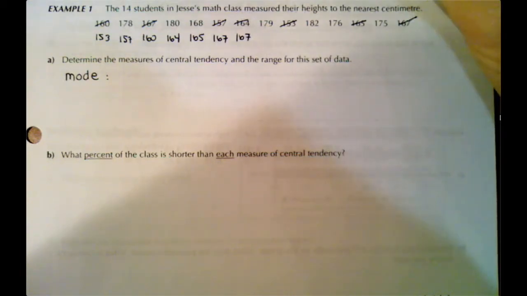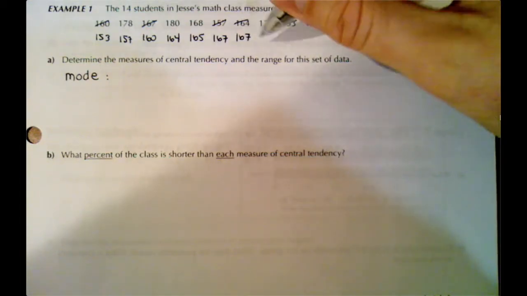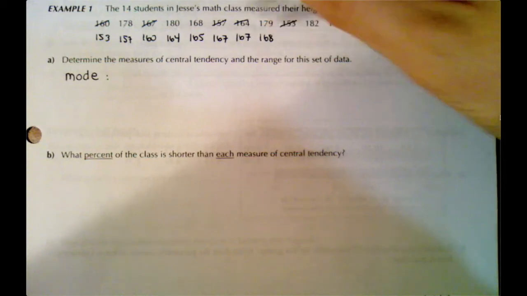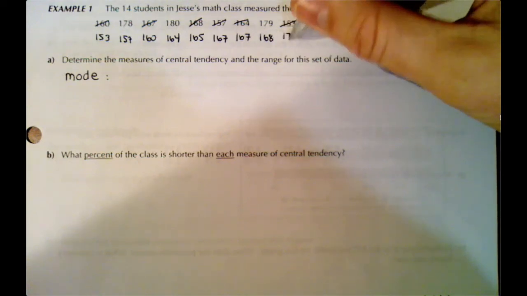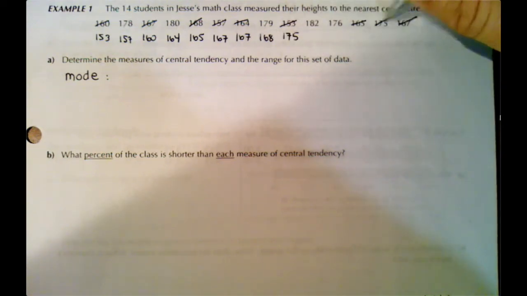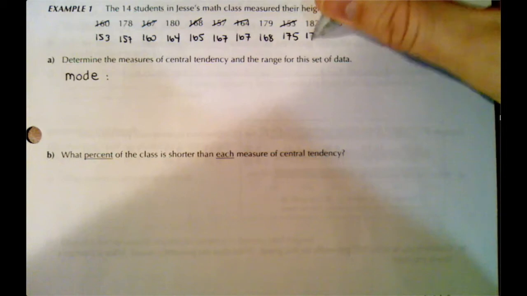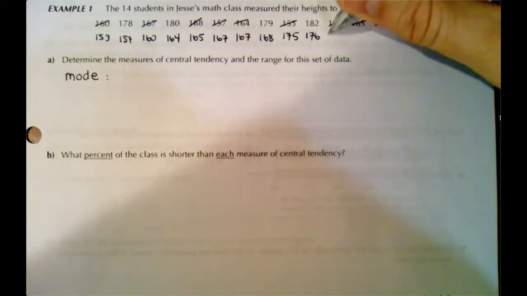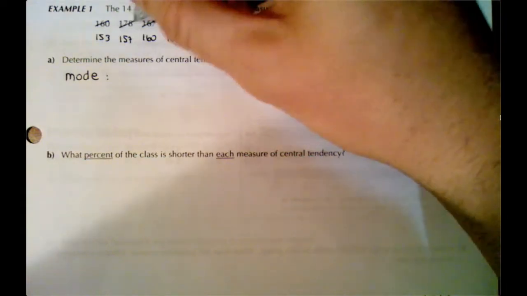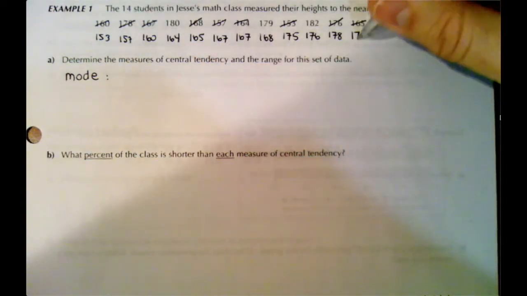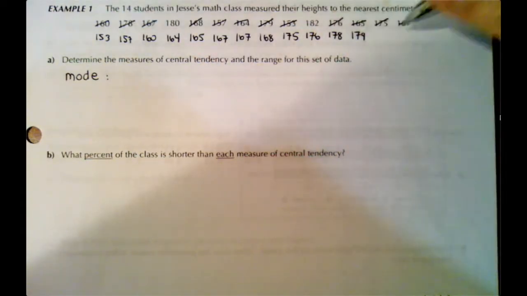Let's find out if there's anything else. 168, and next is, big jump here, 175. And then we've got 176, and then we've got 178, and then we've got 179, 180, and 182.